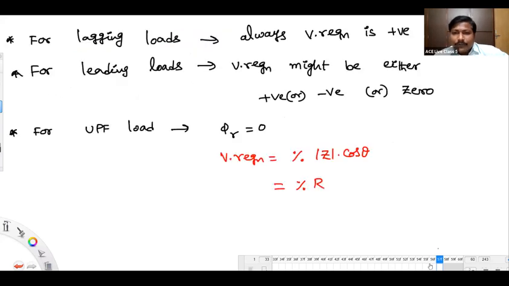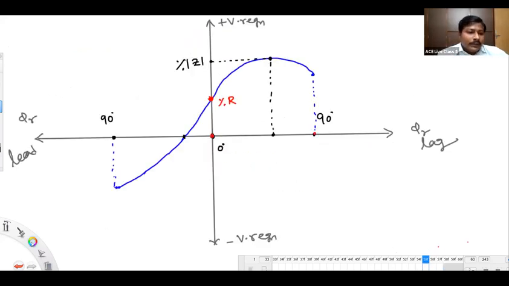Means in this graph, you observe this point angle will be theta. Phi r equals theta. That's the condition for maximum voltage regulation.